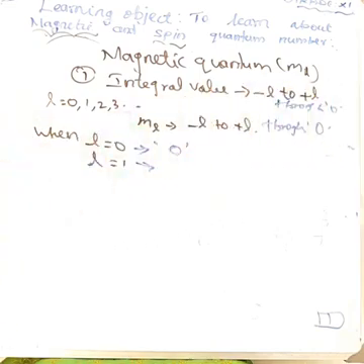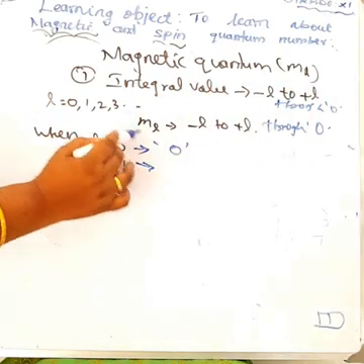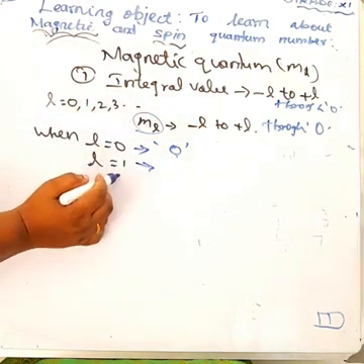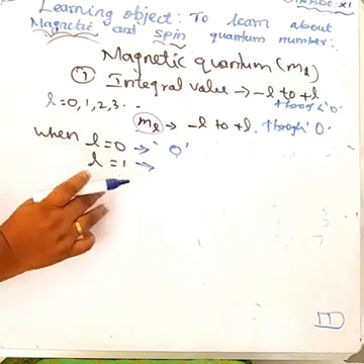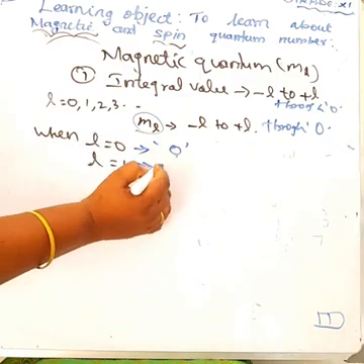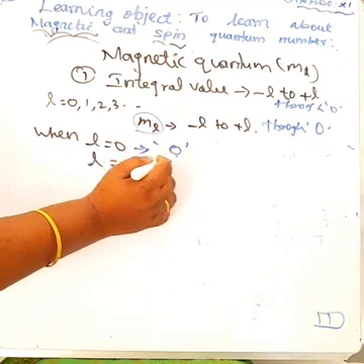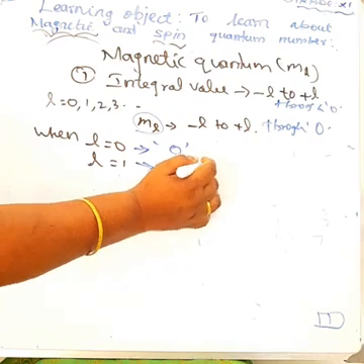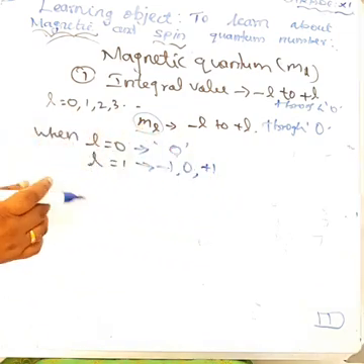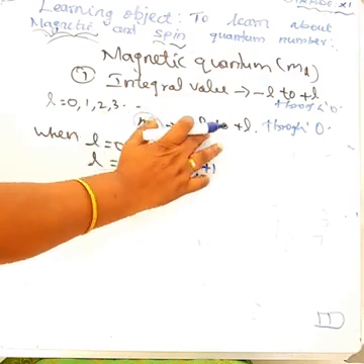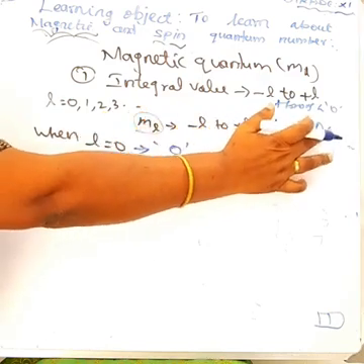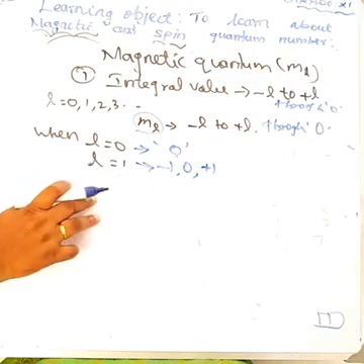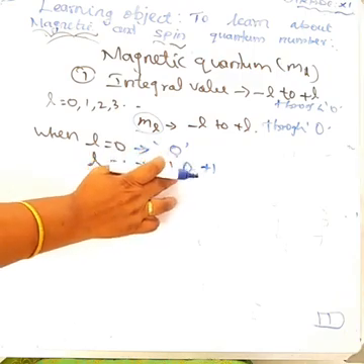So when L is equal to 0, the integral value is 0. When L is equal to 1, the values are minus 1, 0, plus 1. Understood? Because the integral value ranges from minus L to plus L through 0. So when L is equal to 1, the values are minus 1, 0, plus 1.